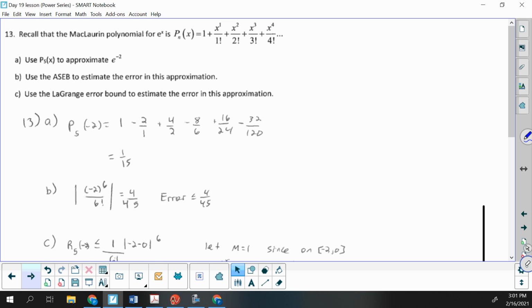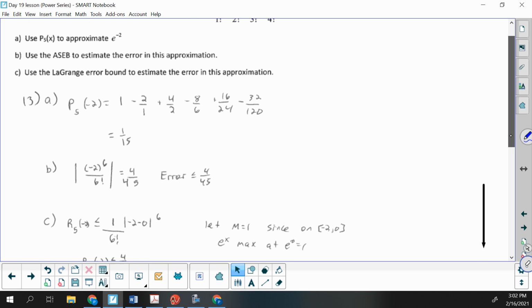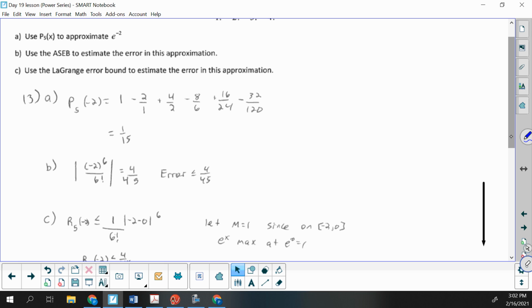Sub in -2 out to your 5th degree term for e to the x, we get 1/15. Your alternating series error bound, go to your 6th degree one, the absolute value, you get 4/45. And then for Lagrange, to pick out our M value, our center's at 0 and we had -2. So from -2 to 0, we need to think of our next derivative, our 6th derivative.